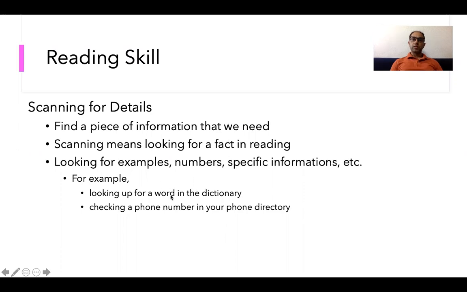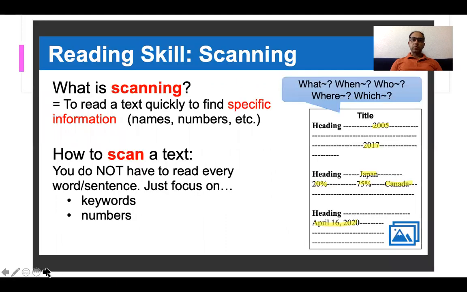For example, if you want to look up the meaning of a word, you look for the word in the dictionary. That's a type of scanning. Or if you want somebody's phone number, you open your phone directory and find the phone number. That's a type of scanning. To talk about it more, if you look at this picture around here, this will give you a clear idea of scanning.